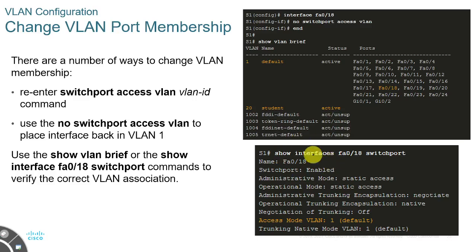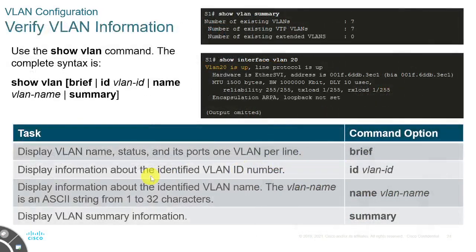Then if you now execute show interfaces FA0/18 switchport, okay, you will see what? The name of the interface, as we did.